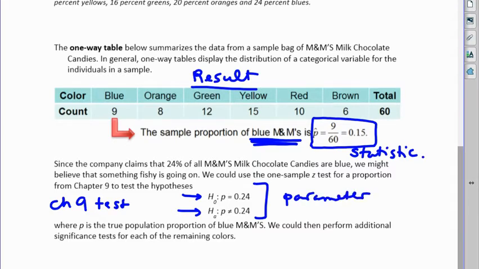And we would have drawn a conclusion and made a decision about the blue candies. But the problem is we have all those other colors. We could perform additional significance tests, one for each of the colors.